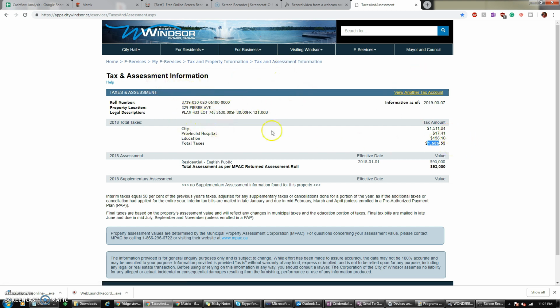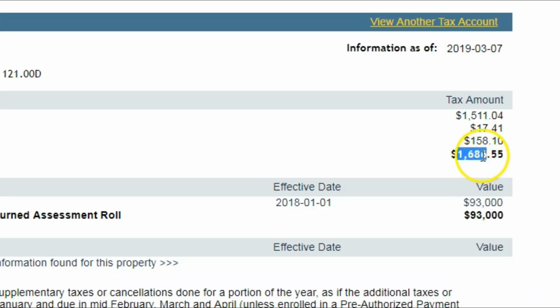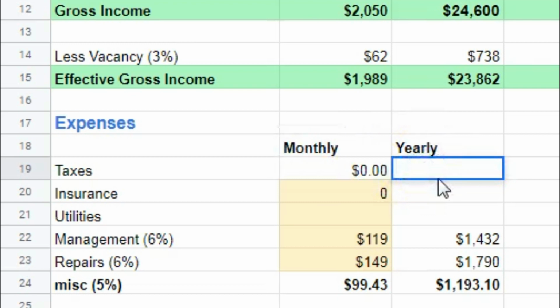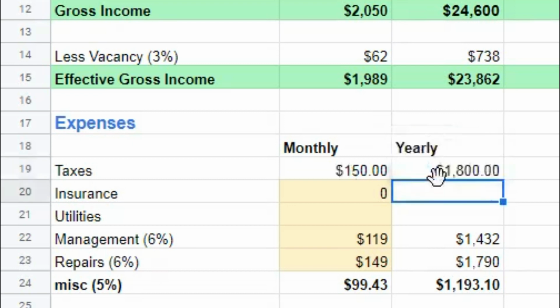I just kept it open for the quick analysis purpose, but you can just find a quick minute and search for it, and usually I have already bookmarked the website. So it's 1686. I would take a little bit higher because taxes always go up every year, due to the inflation and many other reasons. So I put it as 1800.